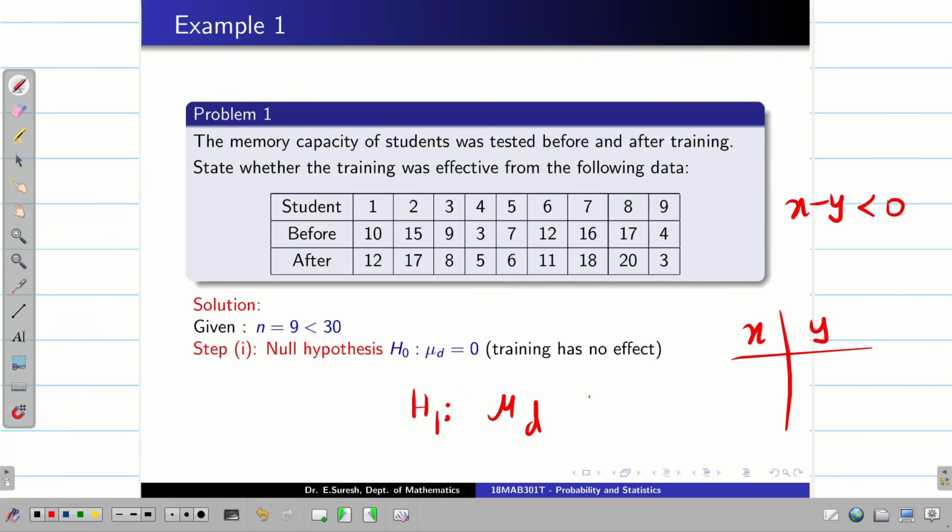So we can say mu D should be less than 0 because after training there should be a big change in the students. So my population mean should be less than 0 when you take the difference between X and Y because Y is the improved part.